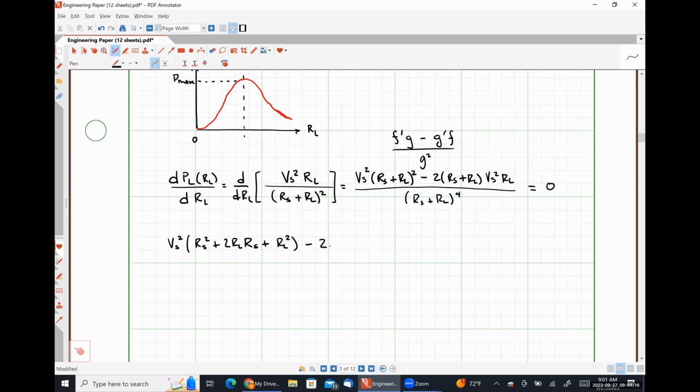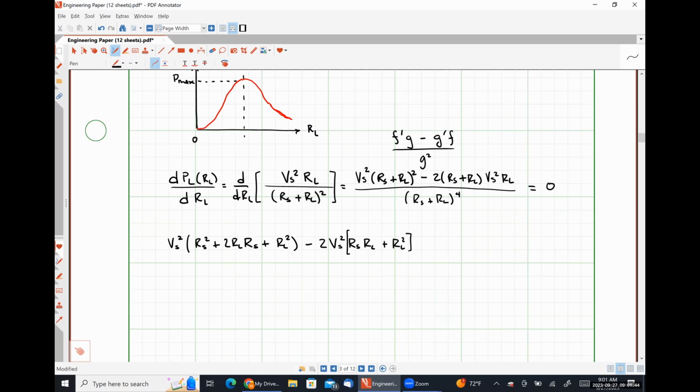minus twice Vs squared. Then I'm going to have Rs times RL plus RL squared.